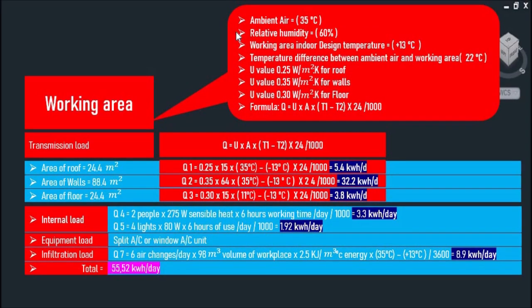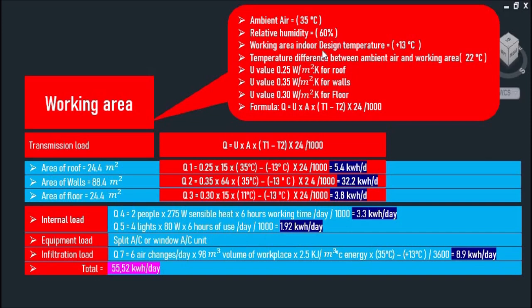And the last part is the working area cooling load calculation. The ambient air is 35 degrees Celsius at a relative humidity of 60%.